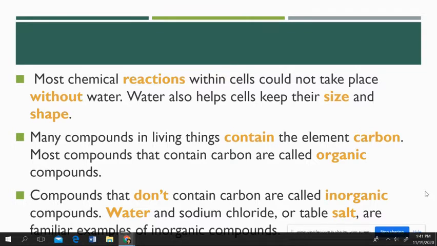And then compounds that don't contain carbon are called inorganic compounds. Water and sodium chloride, which is the fancy scientific name for table salt, are both considered inorganic compounds. So water has hydrogen and oxygen elements, and then table salt is sodium and chlorine.